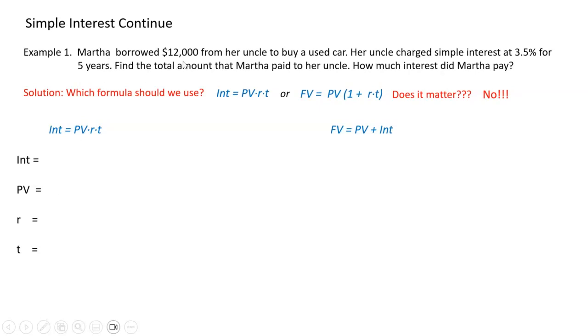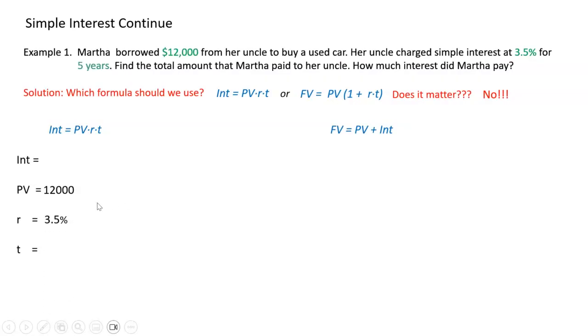Okay, so what are we looking for? We're looking for the total amount that Martha paid to her uncle, and we're also looking for how much interest Martha paid. So here, guys, what's given is 12,000. This is how much money Martha borrowed. The interest rate is simple to see because it's the one with a percent symbol, so it's going to be 3.5%.